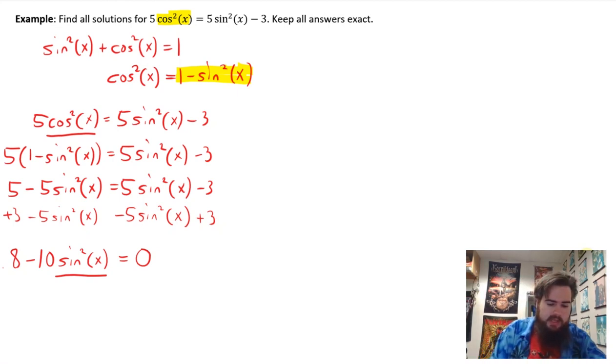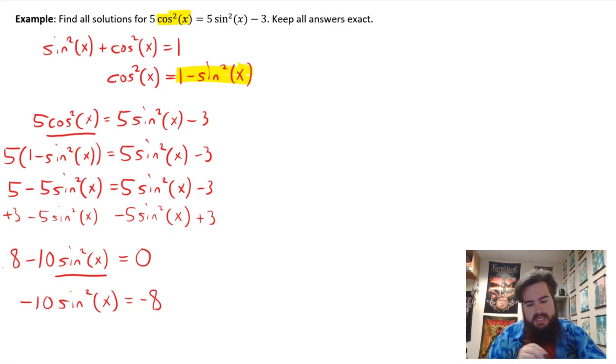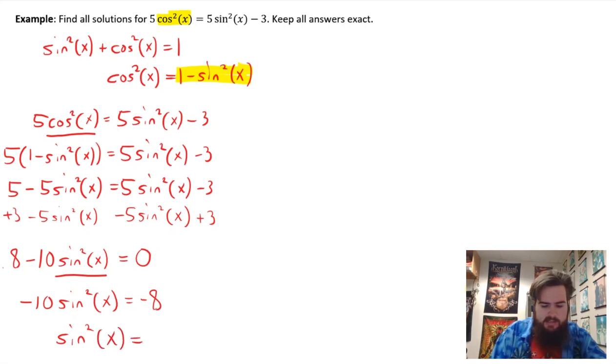So, if I move the 8 back over to the other side, I'll get negative 10 sine squared of x equals negative 8. And then we could divide by negative 10 to get sine squared of x is equal to negative 8 divided by negative 10, which, if you simplify, gives positive 4 over 5.